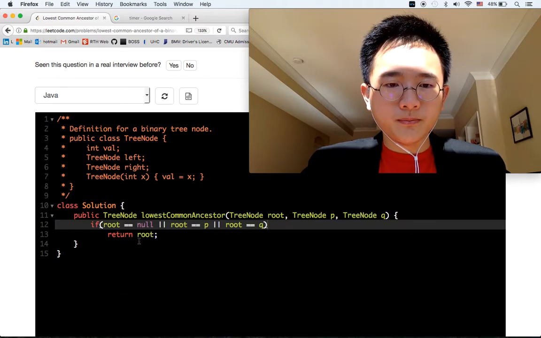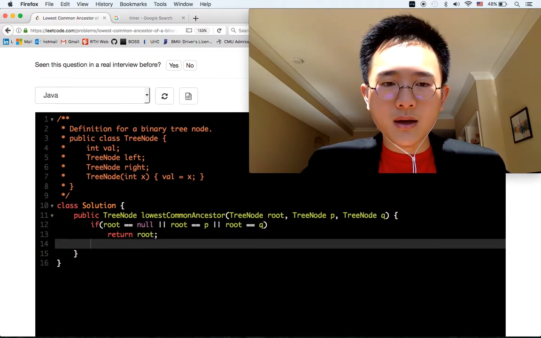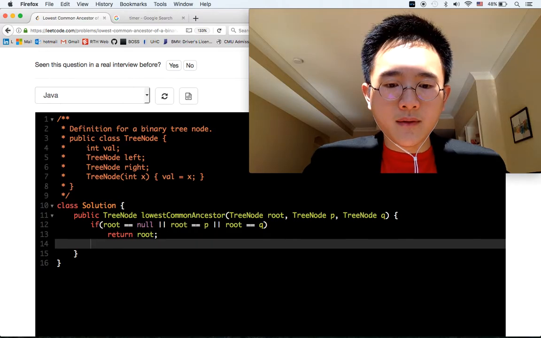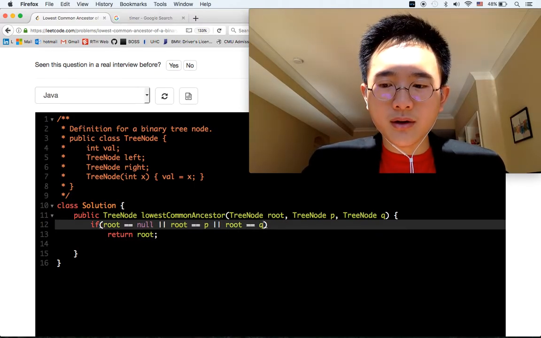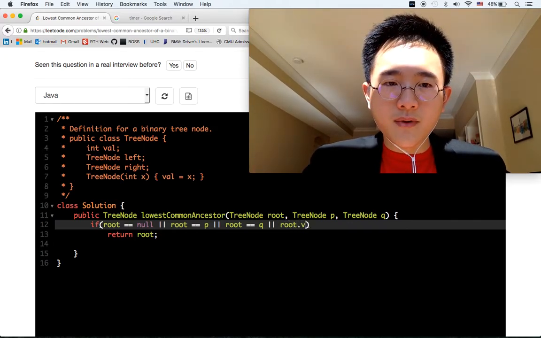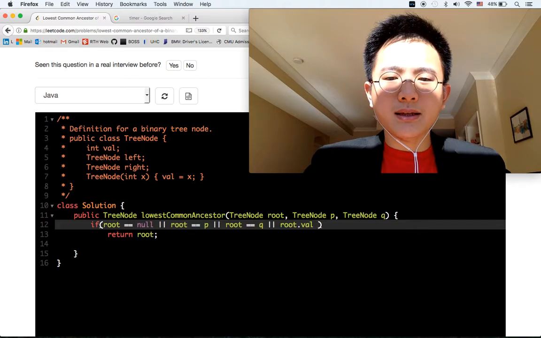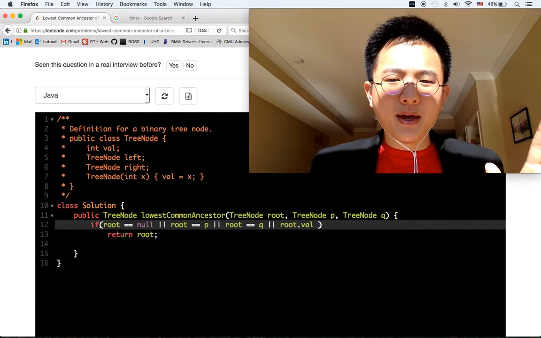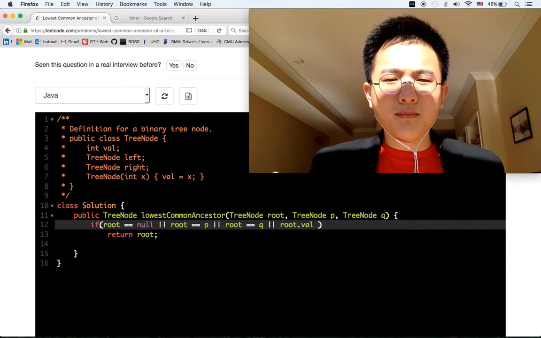Or there's another situation. How do we say P is less than root and Q is greater than root?